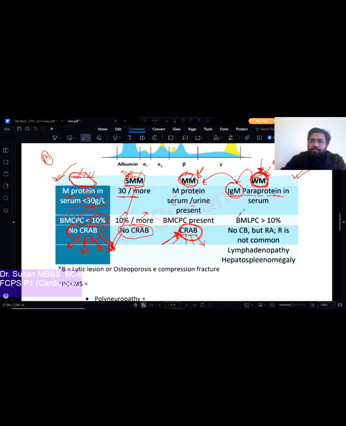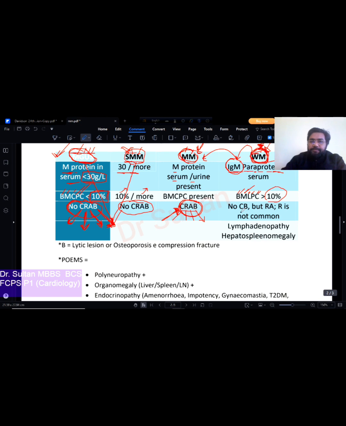Here the bone marrow lymphoplasmacytic cell is more than 10% in case of WM. Now an important feature: there will be no CB.